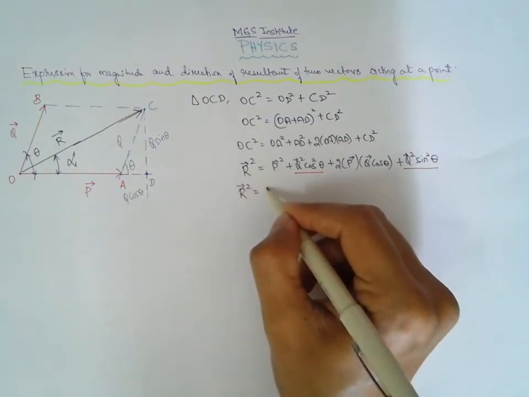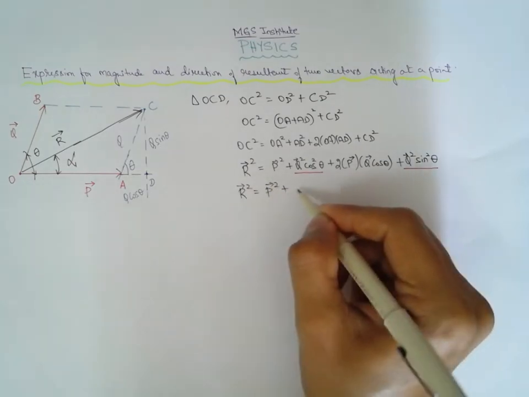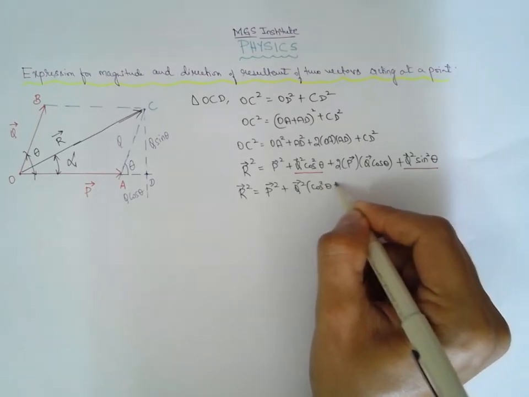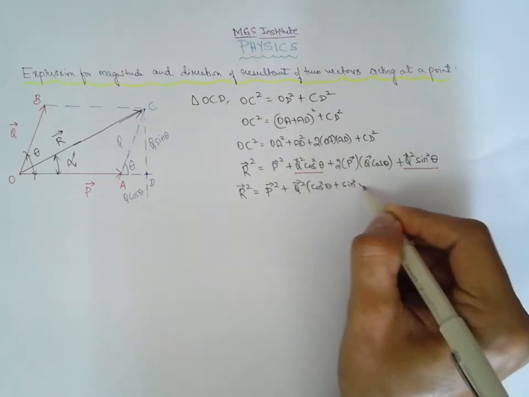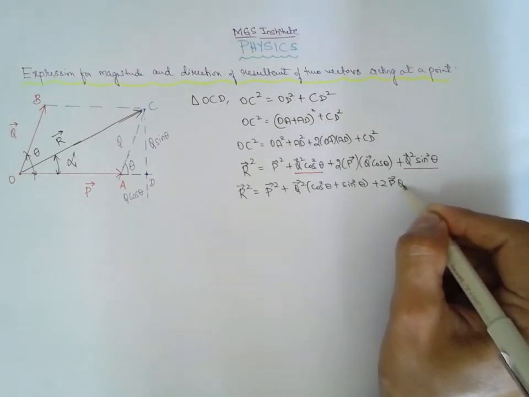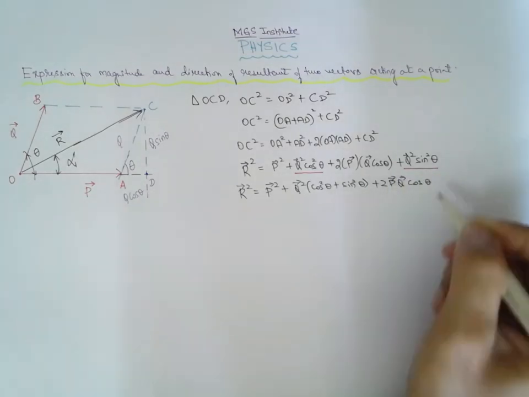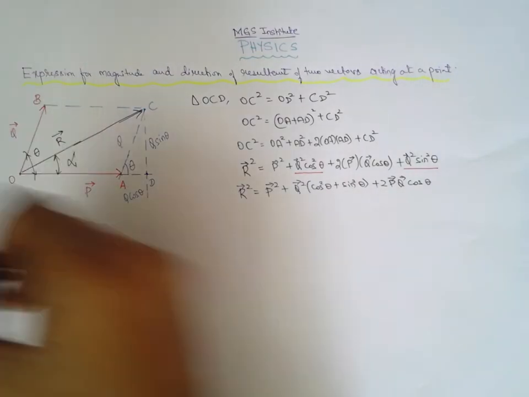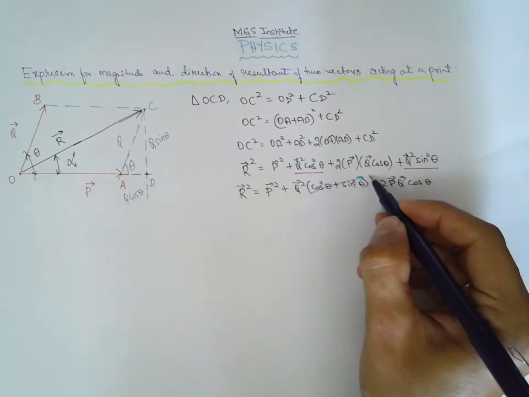R square equals P square plus Q square (cos square theta plus sin square theta) plus 2PQ cos theta. We know that cos square theta plus sin square theta is 1.